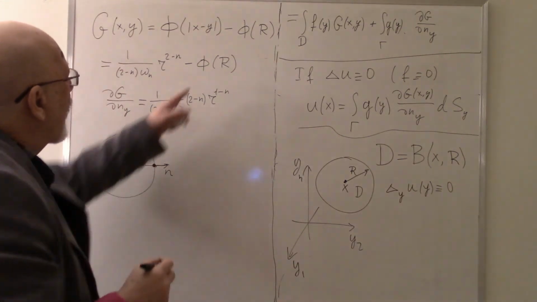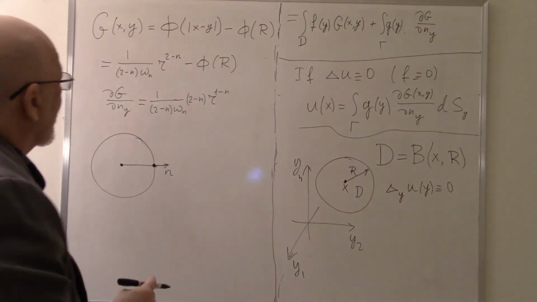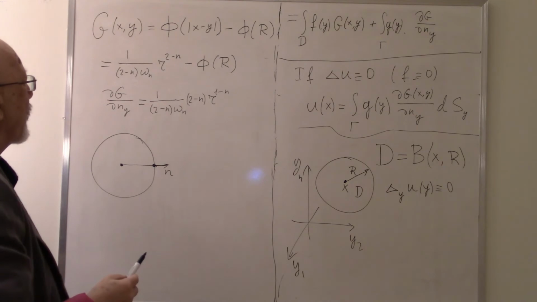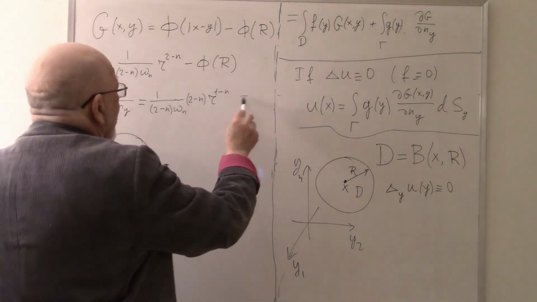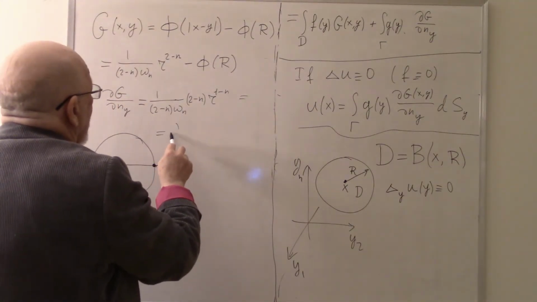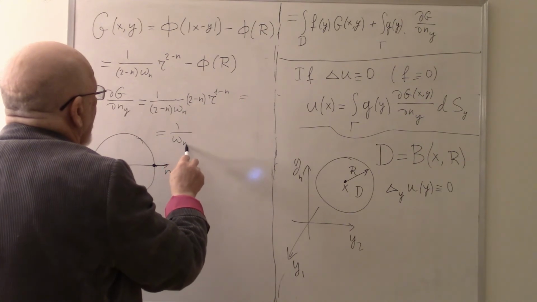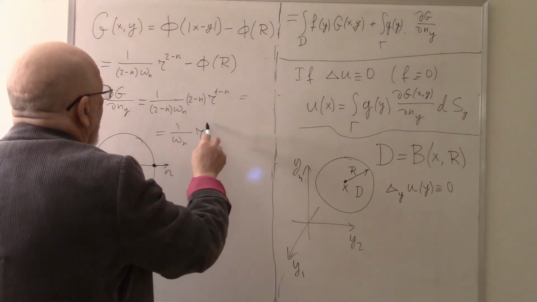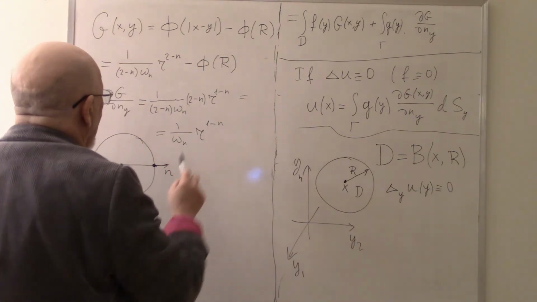Yes? And this constant disappears when we differentiate. Equals 1 over omega n r to the power 1 minus n.